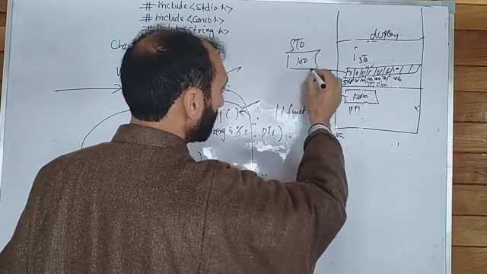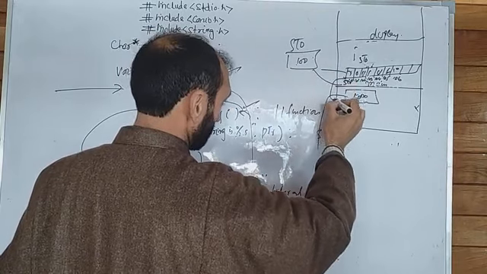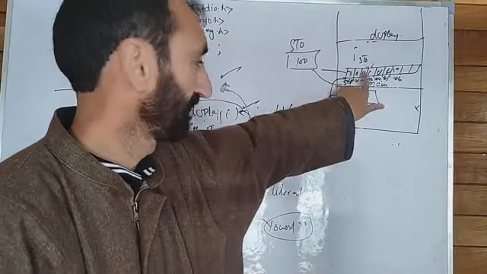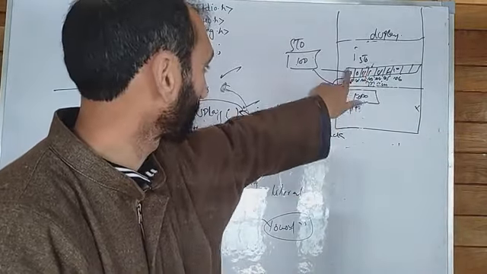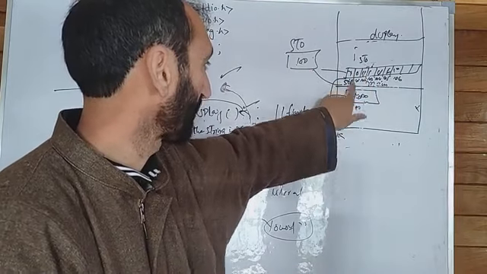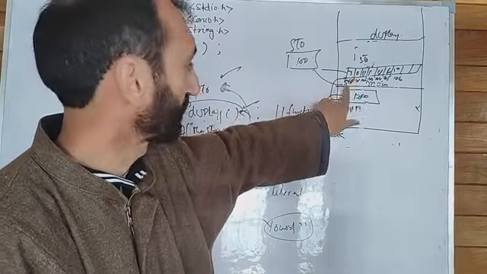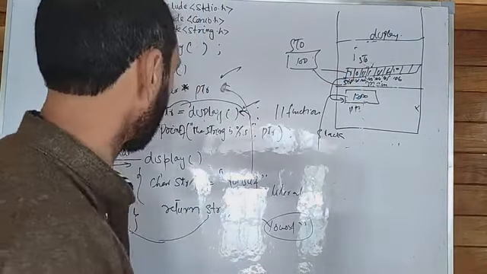That means now this is connected with this, each one connected through str, 100. This ptr now points to the first byte, the address 100.